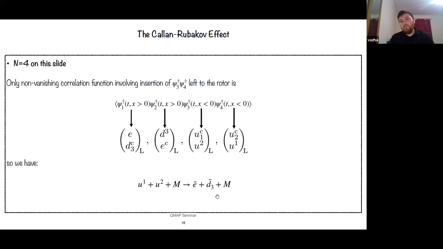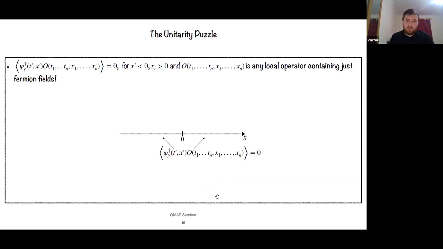After that, we can look at what happens with the unitarity puzzle. To do that, we need correlation functions that have one fermion insertion in the initial direction, because the simplest unitarity puzzle appears when you have just one incoming fermion, and we should find some operator in the outcoming direction such that the correlation function is not zero.